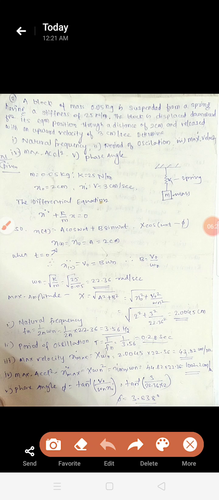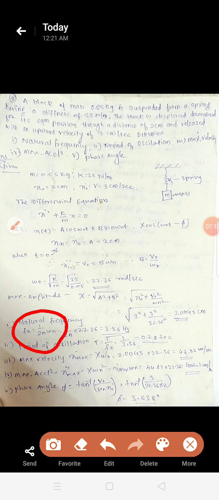After putting the values, x naught is 2 centimeter, velocity is 3 centimeter per second, and omega n is 22.36. The total amplitude X is 2.0045 centimeter.